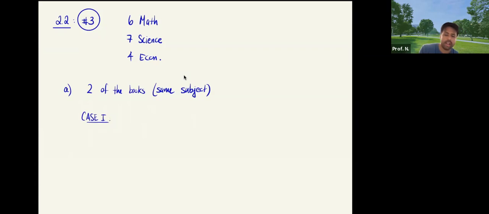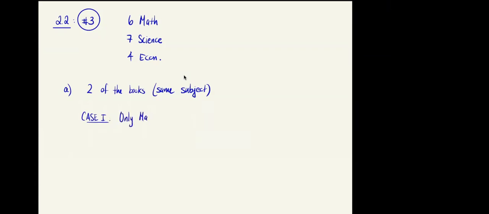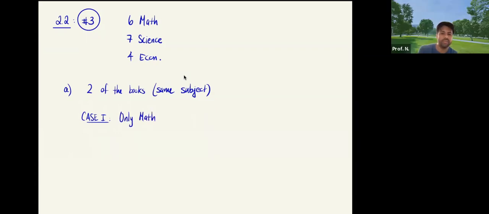The first case is that they're all math books. So only math. Well, if I have 6 to choose from and I only choose 2 of them, what's the number of ways to do that? 6 choose 2. And what is 6 choose 2? Isn't it 6 factorial over 4 factorial times 2 factorial? Isn't it 6 times 5 times 4 factorial over 4 factorial times 2 factorial?